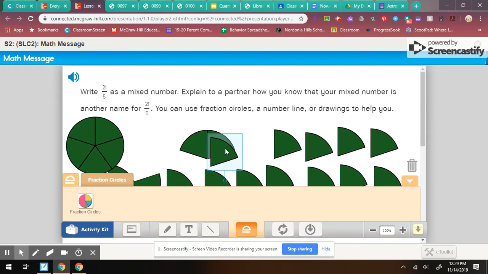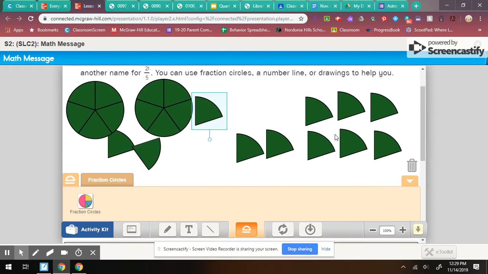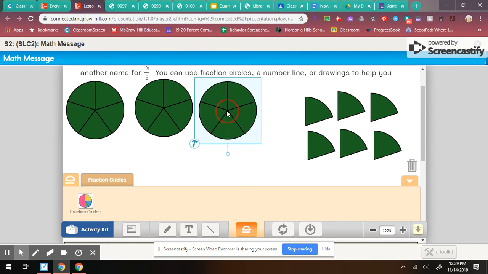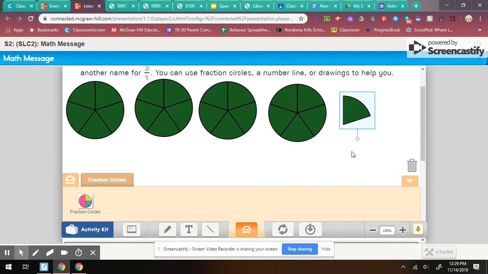Here's a group of 5. There's 2 wholes. They're a little tricky to put together. There's 3 wholes. 4 wholes with a 5th remaining.